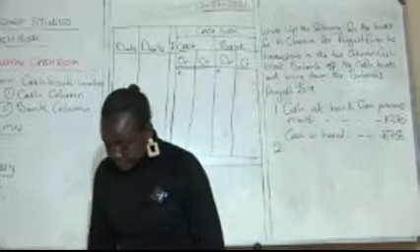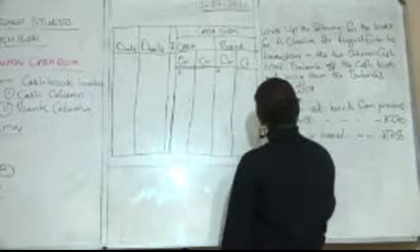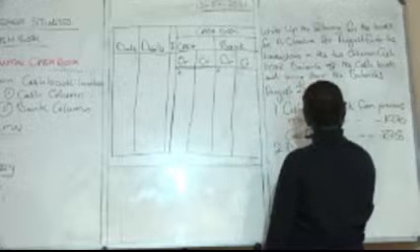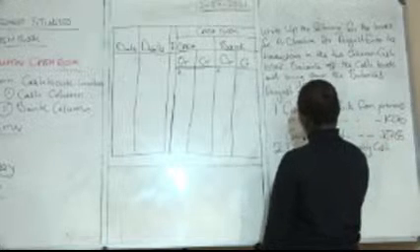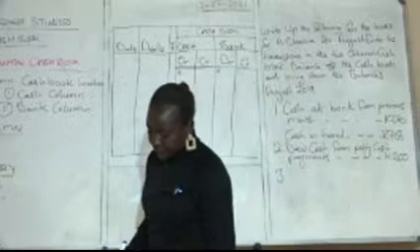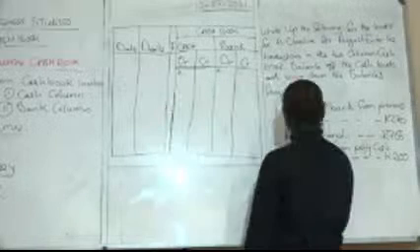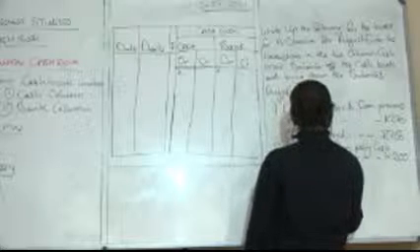Second, drew cash from petty cash payments. Bought office furniture by check.